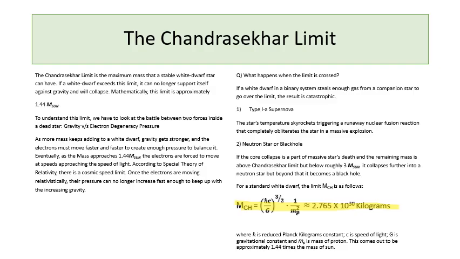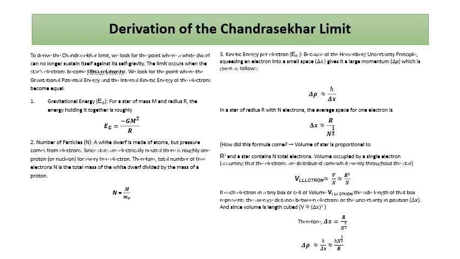So many Indians don't know about him, unfortunately, but he was a monumental figure in astrophysics and even in black hole physics also, because the Chandrasekhar limit is something that determines what will happen when electron degeneracy pressure fails against gravity. So we are going to derive the Chandrasekhar limit here.